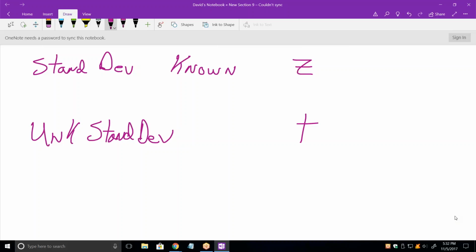And if you're like me, this was like Greek first time through it. I had no idea what they're talking about with this number of degrees of freedom. However, second time through it, I started grasping it a little bit better.